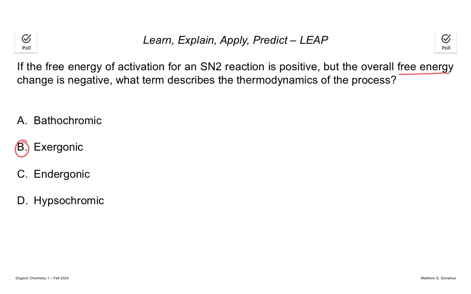Enthalpy uses exothermic and endothermic. Anyone know what A and D relate to? They're actual words. So those are the derailer answers. They deal with how light shifts relative to someone observing it.